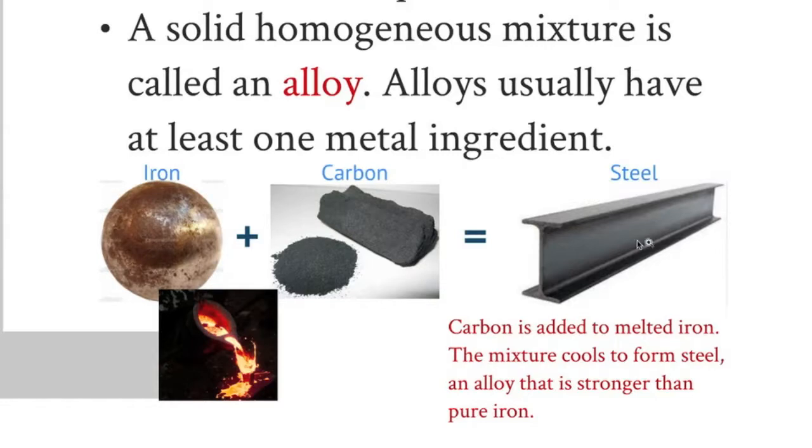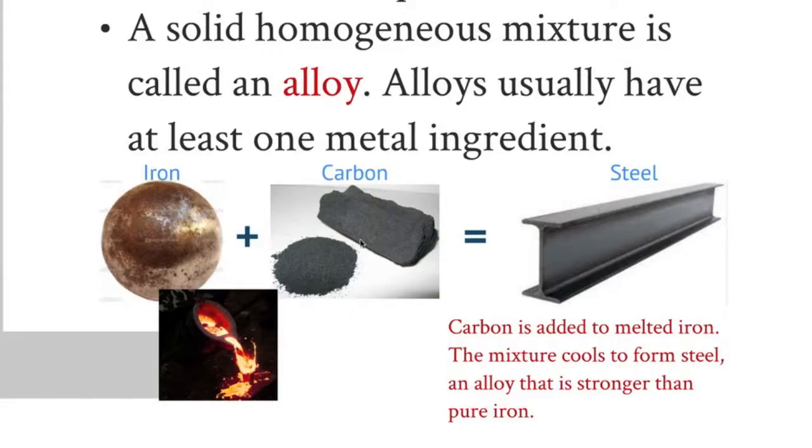And the great thing about alloys is, since mixtures have the average properties of their ingredients, steel is going to be stronger than pure iron. So a steel bar is not going to bend like a pure iron bar will, because carbon doesn't bend.